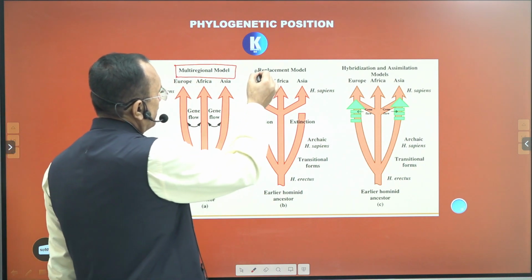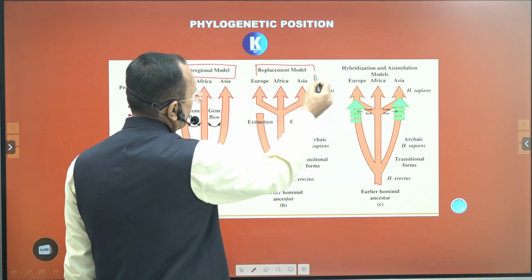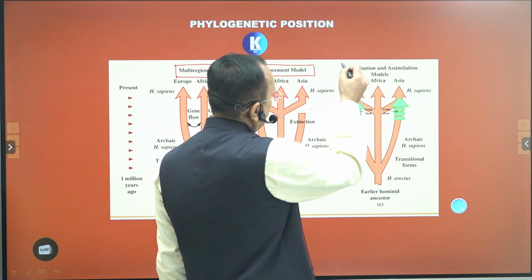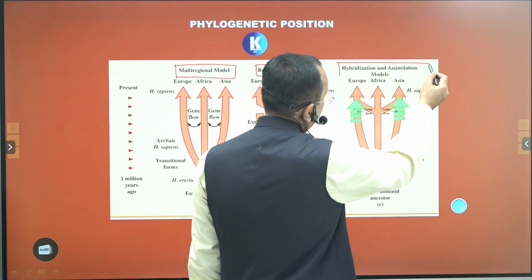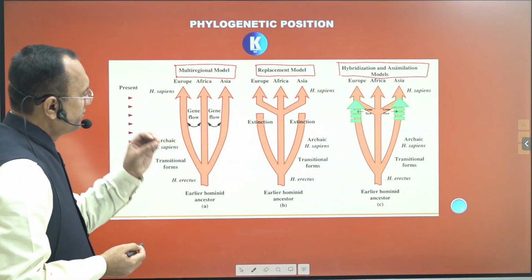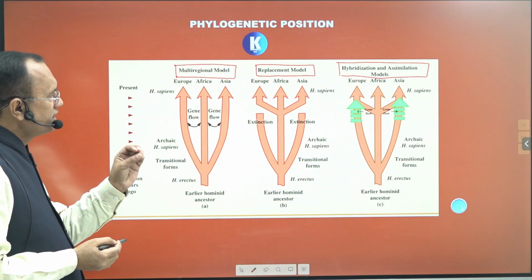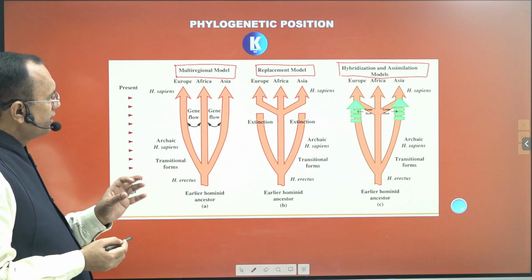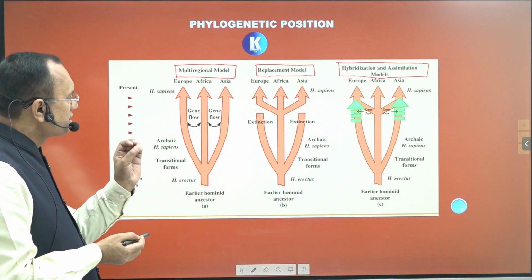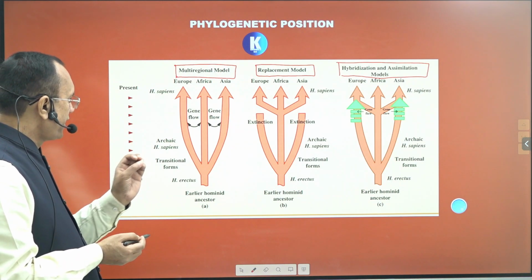Second is replacement model, right? And third is hybridization and assimilation model, right? So at first you have to present that diagram in your answer, and then you have to discuss some important aspects related to that diagram.